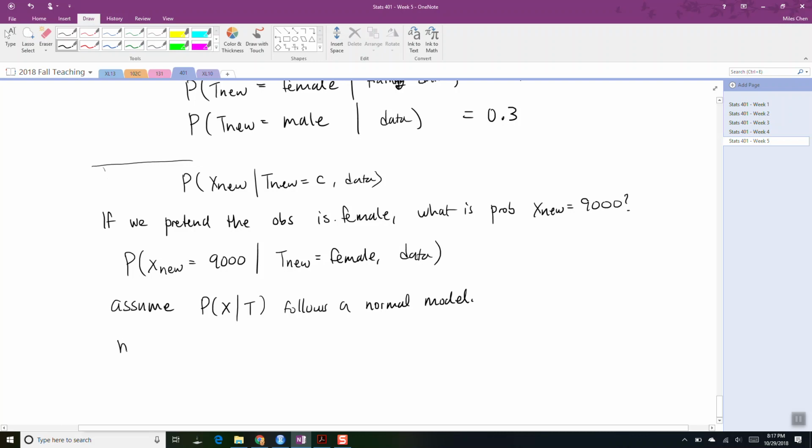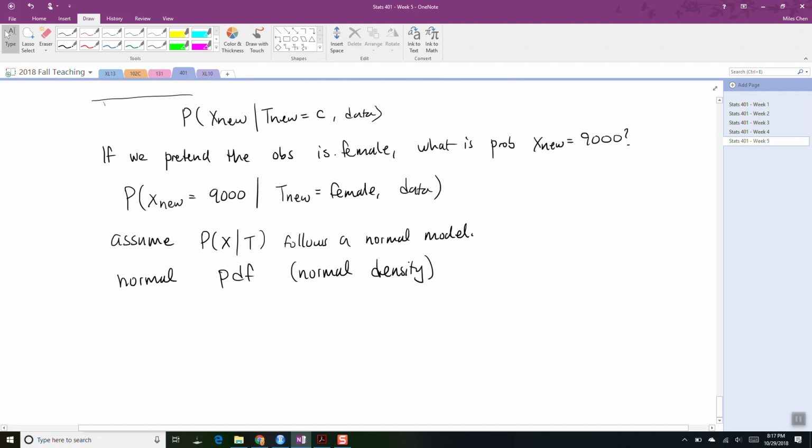So we'll use the normal PDF, the normal density function. We have a few options for this. We can convert to z-scores, or we can just use R's function for the normal density. Is that okay?